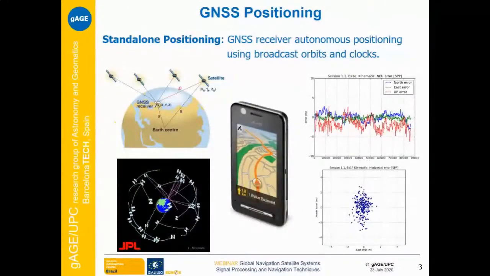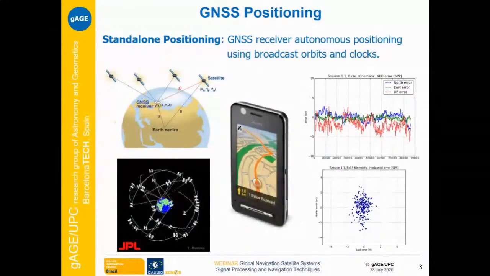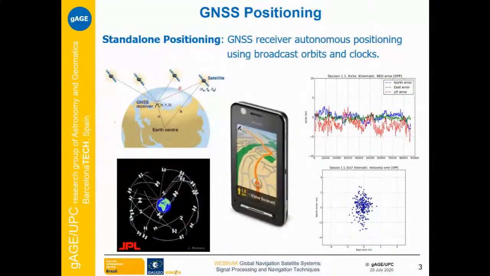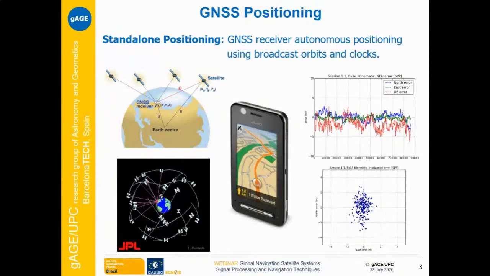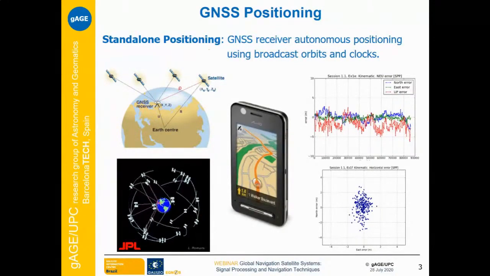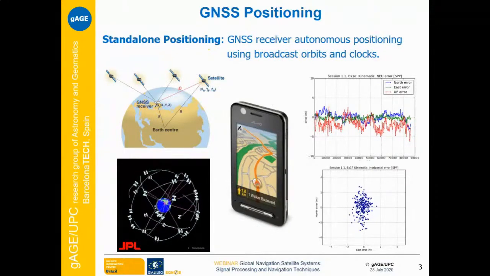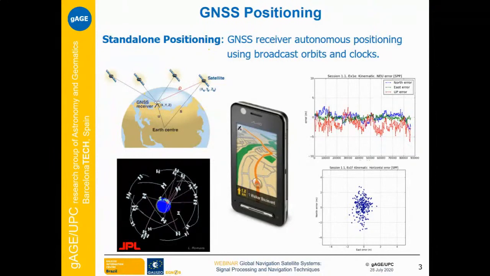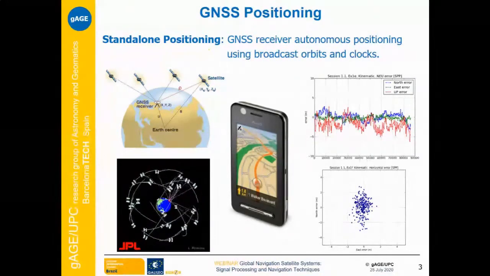Okay, so let's start presenting the positioning concept. This is the standalone positioning, where by standalone we mean that the receiver is performing a positioning completely autonomous. So it only uses information that is broadcast by the satellite.